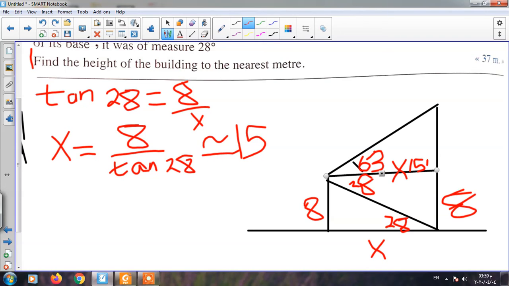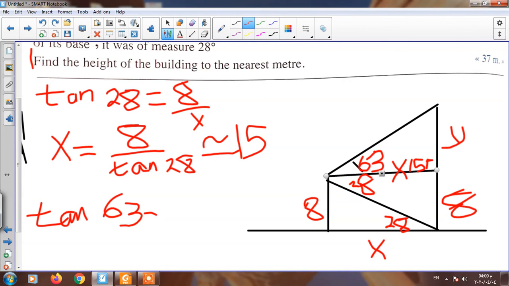In this triangle, he asks to find y. We have the angle and the adjacent, and we need the opposite. So tan 63 will be y over 15.